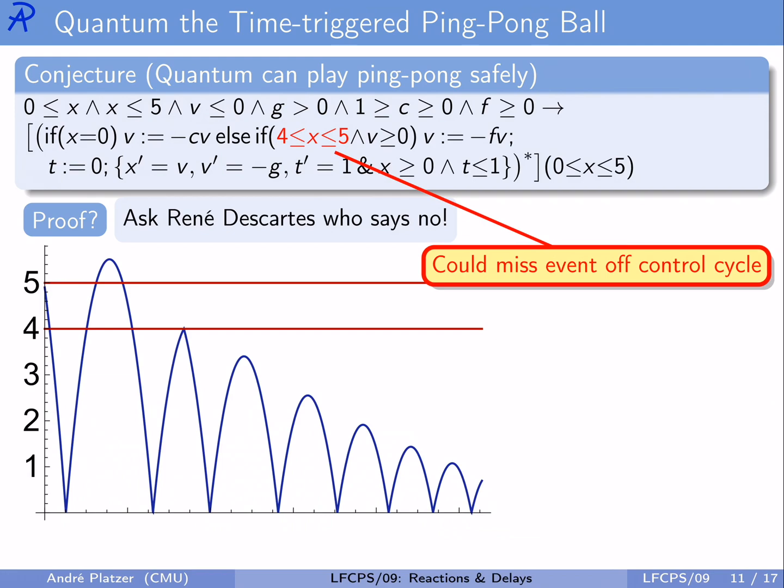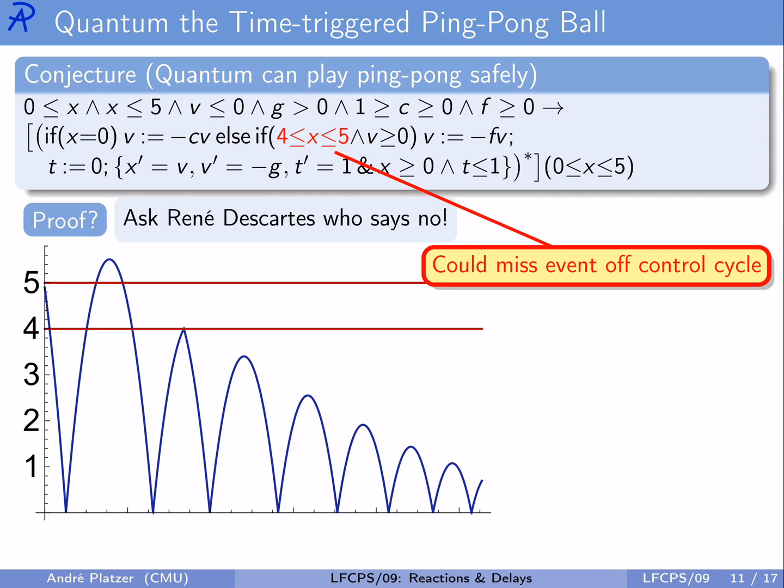Basically, we need to check not just whether we're presently in the zone where we want to control between 4 and 5, but also whether we could miss the exciting event, whether next time we could already be above 5. If next time the controller runs we're already above 5, then right now we better do something about it.